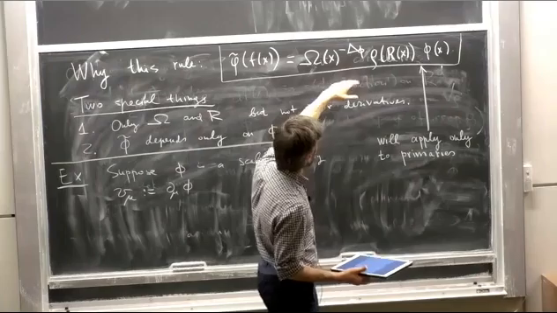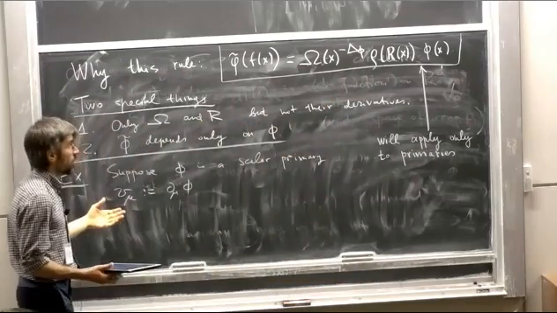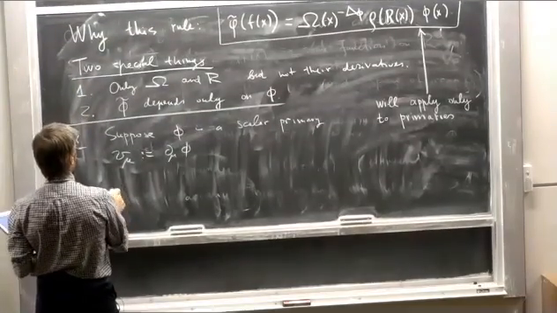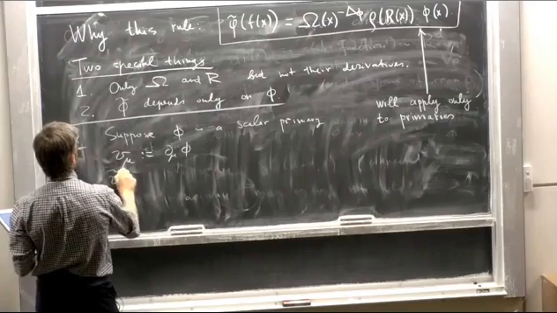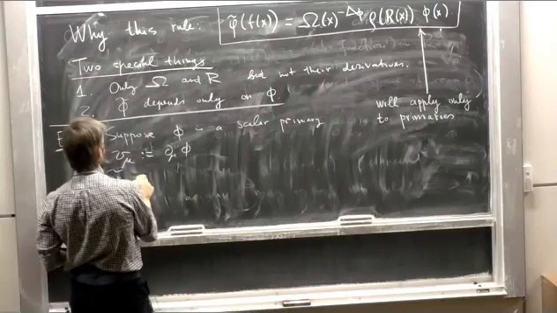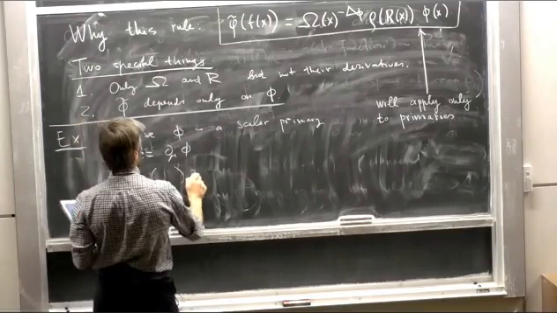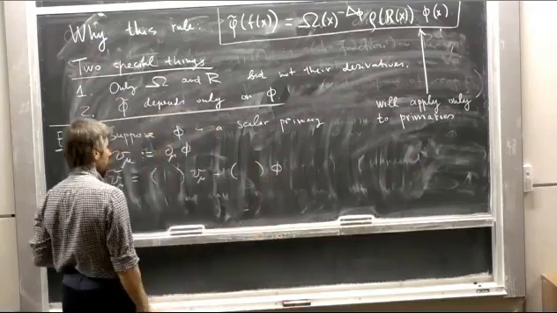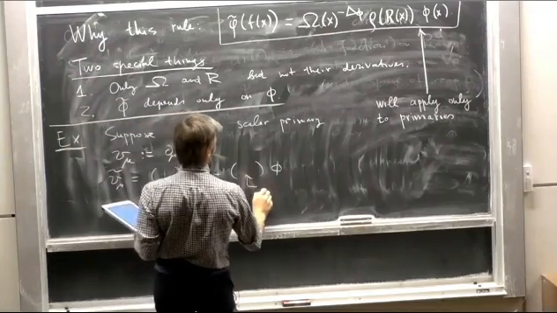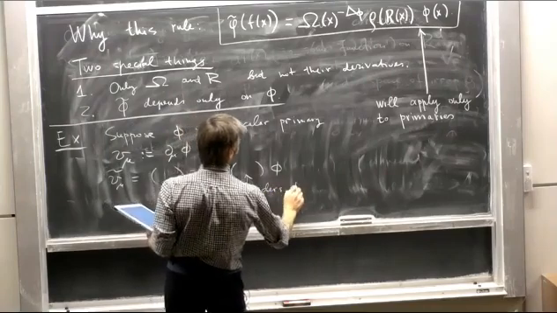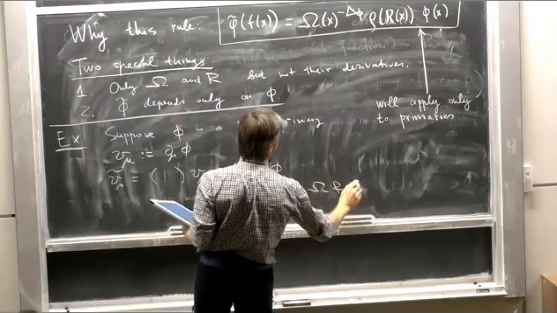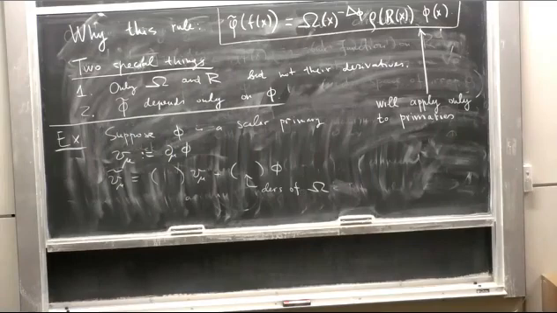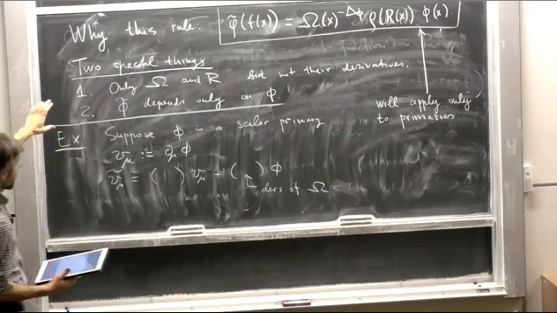So the exercise is to work out the transformation rules of v mu, and you will see that schematically v mu tilde is something times v mu plus something else times phi, and that something else will involve derivatives of omega and R. Well, not R because this is a scalar. So it will violate both of these special properties.